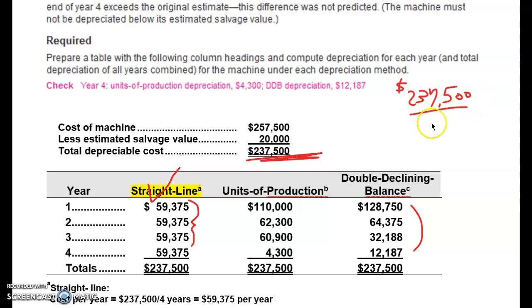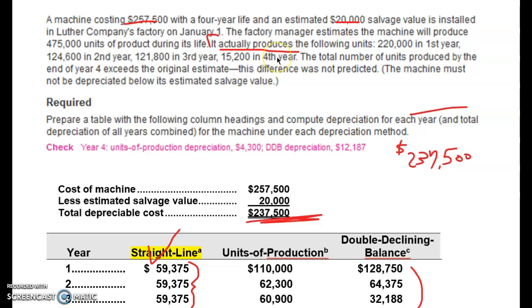For straight line, we divide it by 4 years, but time's not our measurement for units of production. The number of units that the equipment is expected to produce is the measurement of depreciation. So we'll divide that by 220.